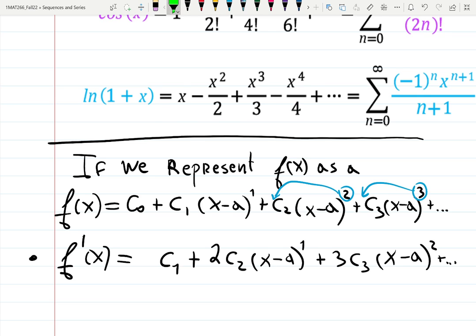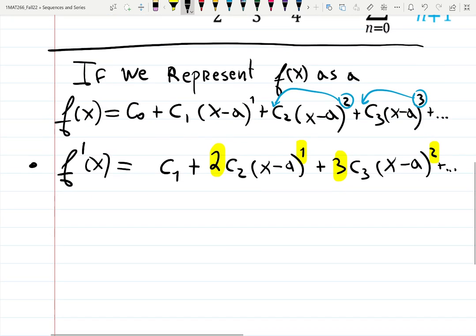Very interesting. So we're going to do more, but I just wanted to point out that powers are all increasing correspondingly. And then the number in front is 1 unit higher. Let's find the second derivative. The second derivative: c sub 1 goes away. Derivative of c sub 1 is 0.